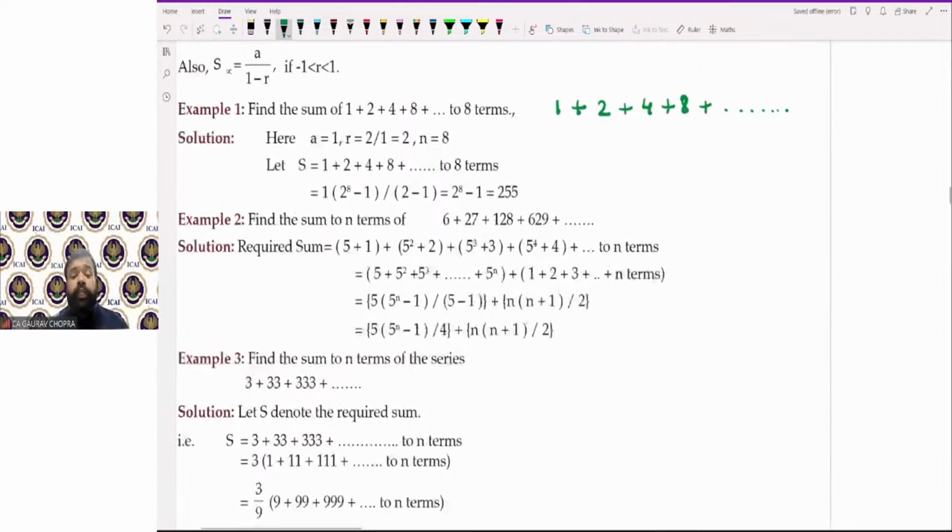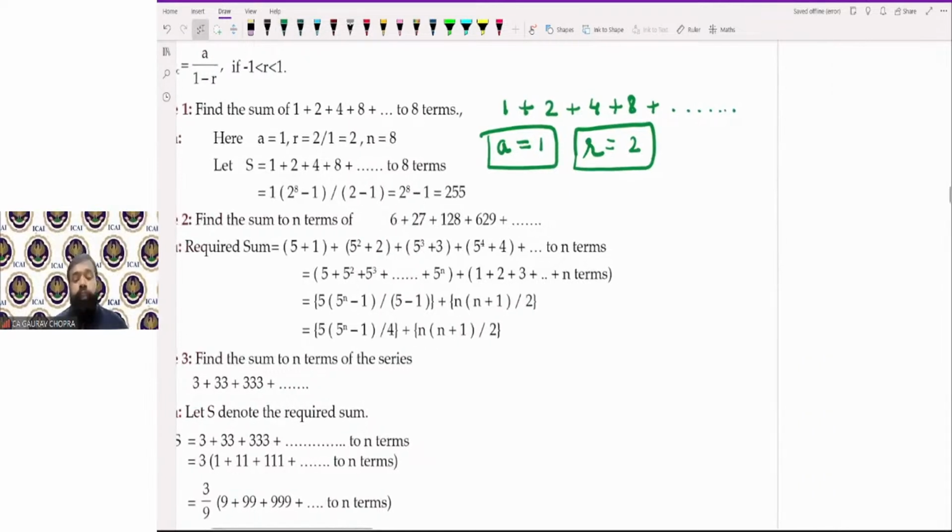So the series is finite. Then the first step is to find out the required values A and R. The first term is 1 and the common ratio is 2. Now, since the common ratio is greater than 1, which formula is applicable? A multiplied by r to the power of n minus 1 upon r minus 1.